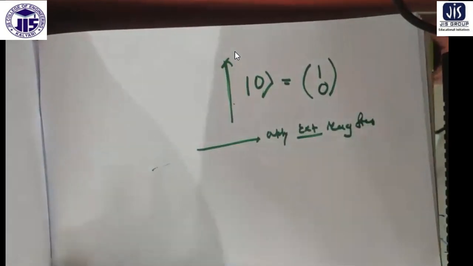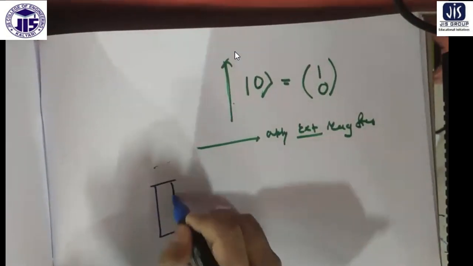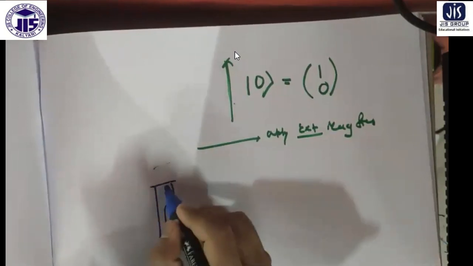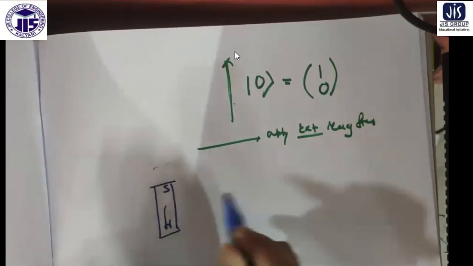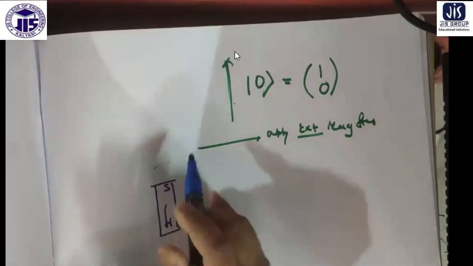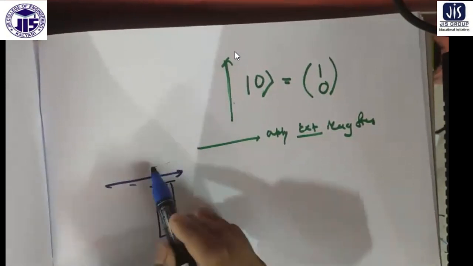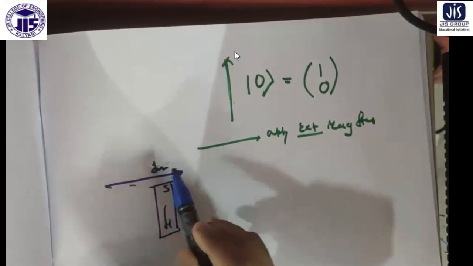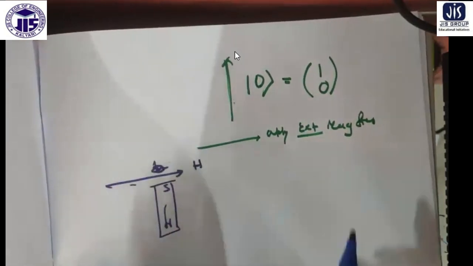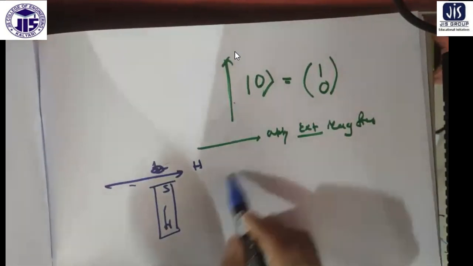Suppose this is your bar magnet. Now if I apply a strong magnetic field in this direction, what is the magnetic field doing?